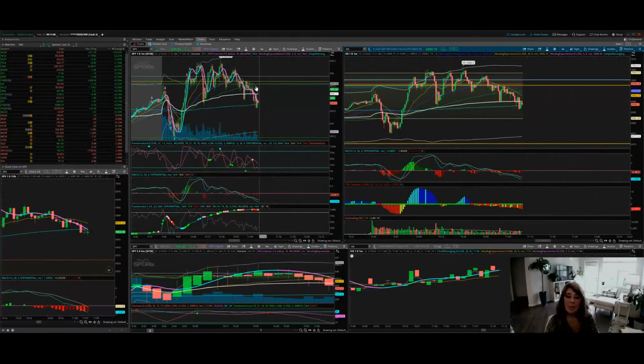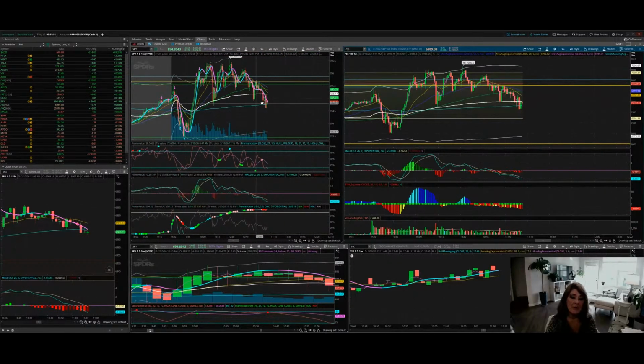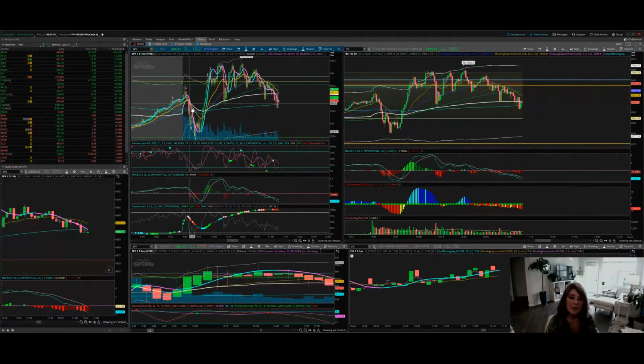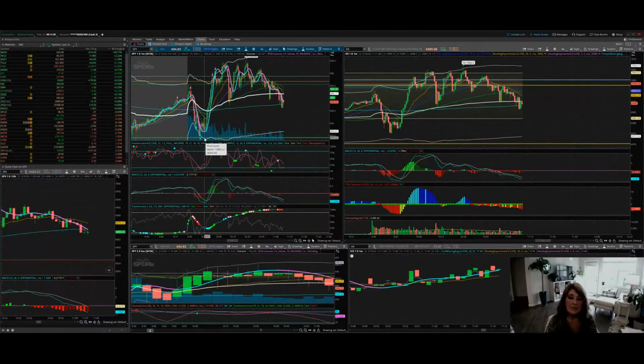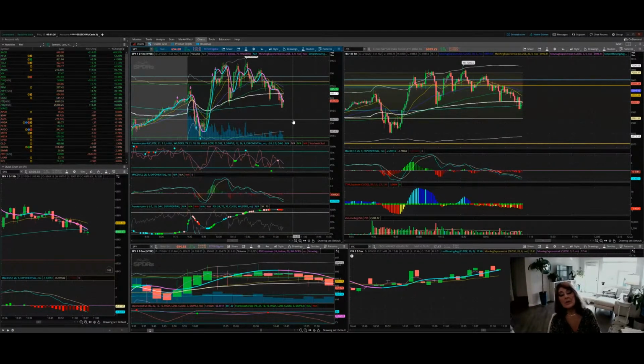So we've broken down through the VWAP, which is negative. We're holding right now the 200 period. Let's see if we continue to hold it. We had an earlier drop here where we broke the 200 and came all the way down here to 693 on the SPY. The other thing that we need to remember is there is an untested drop that happened last Thursday night.